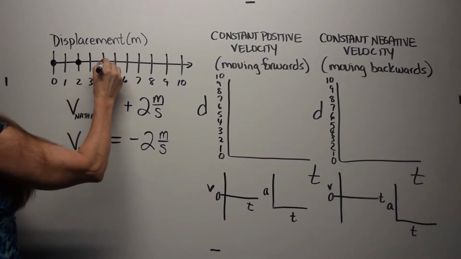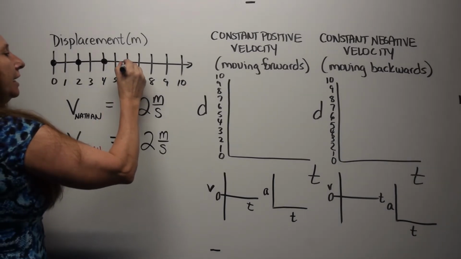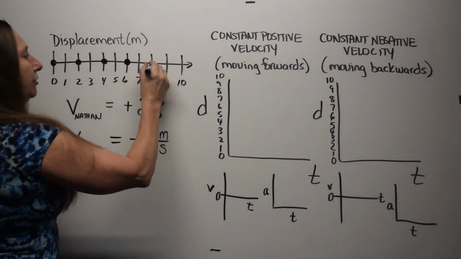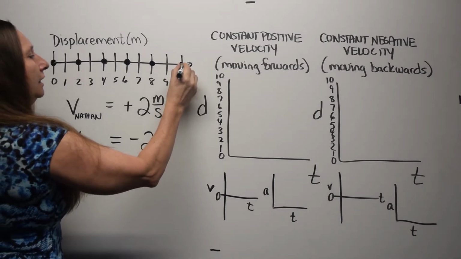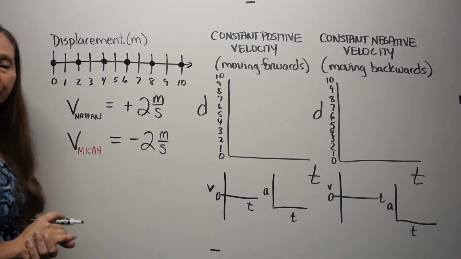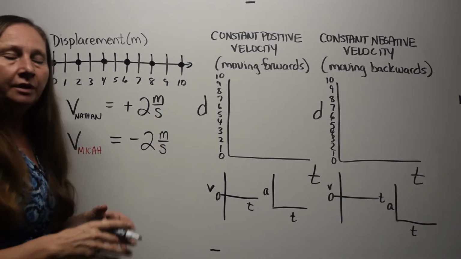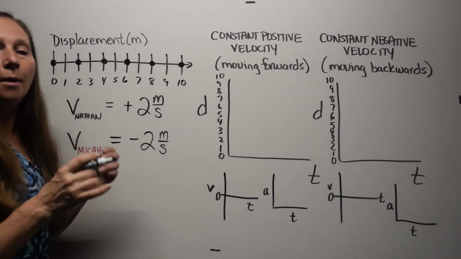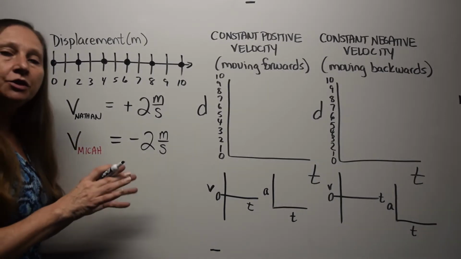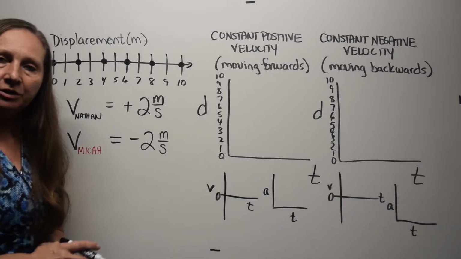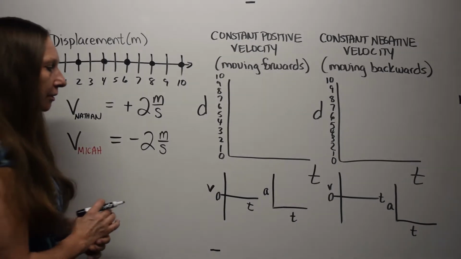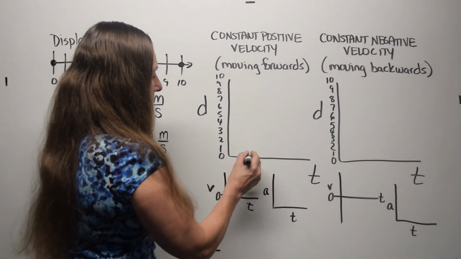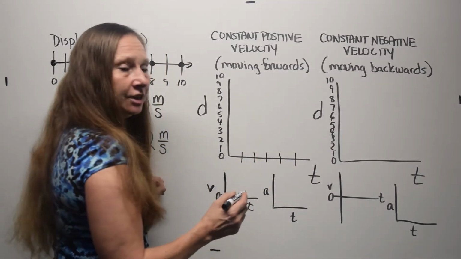And then he's at 4, and after another second he's at 6, and after another second he's at 8, and finally he's at 10. All right, let's graph Nathan's constant positive velocity. This is going to be the same as the constant velocity that we showed a little bit earlier. Here's our 1, 2, 3, 4, 5 seconds.